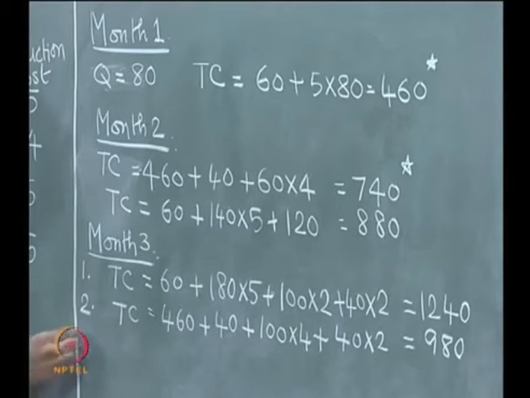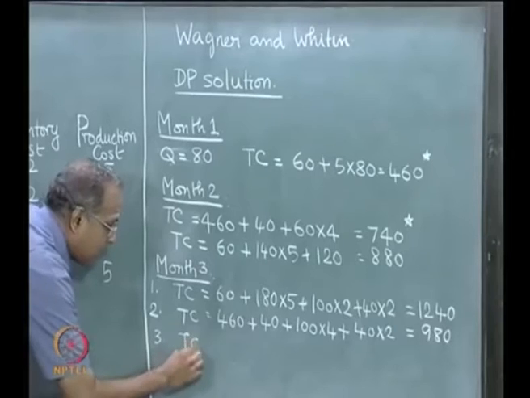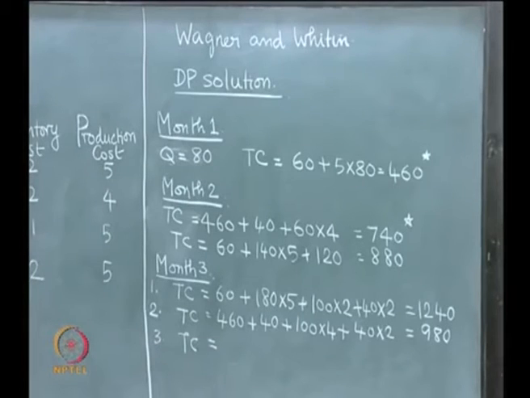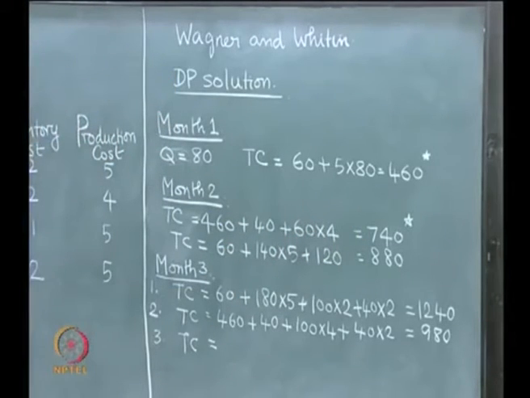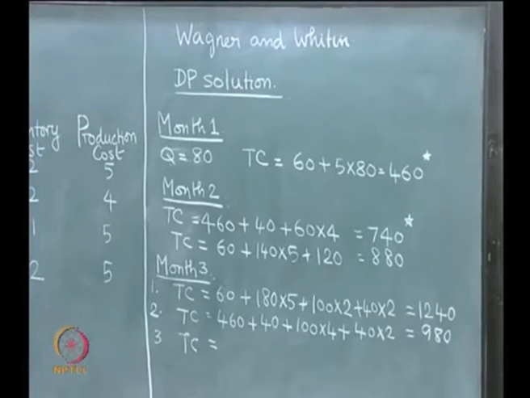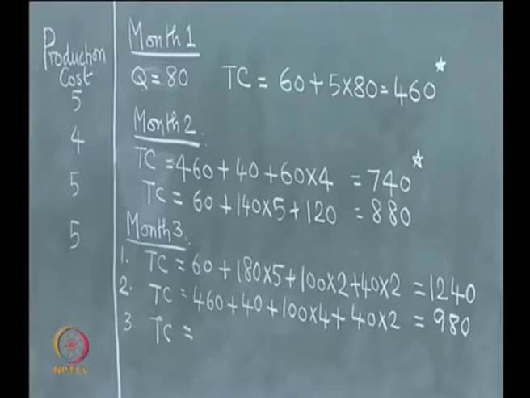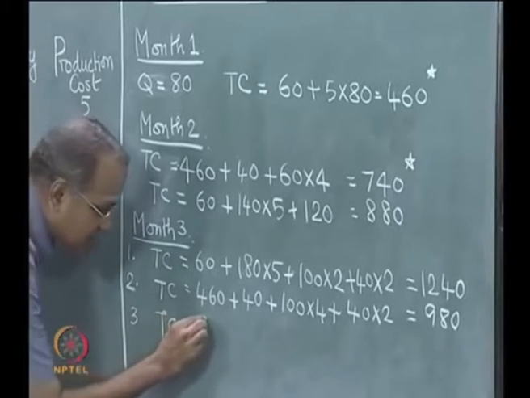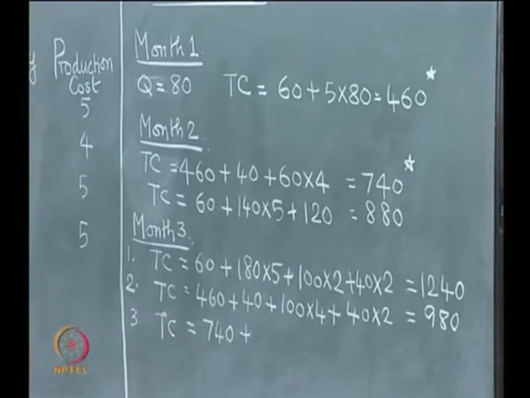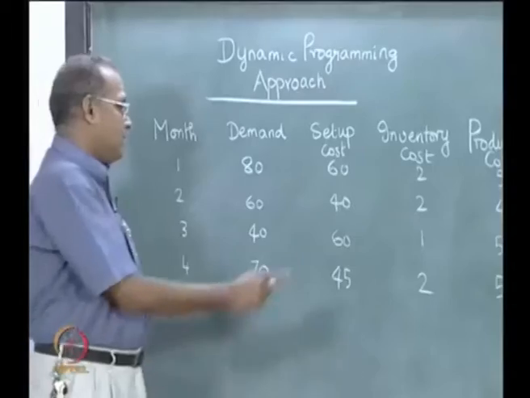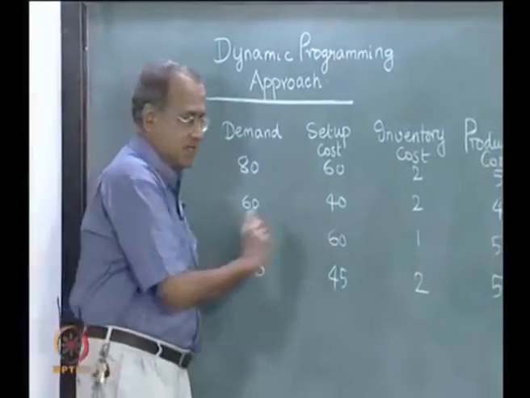The third way to do this is by producing the demand of months 1 and 2 in the most optimal manner, which is by incurring the 740, and producing the demand of month 3 in the third month. So, this is to incur the 740 and then produce the demand of the third month in the third month by incurring a setup cost of 60.